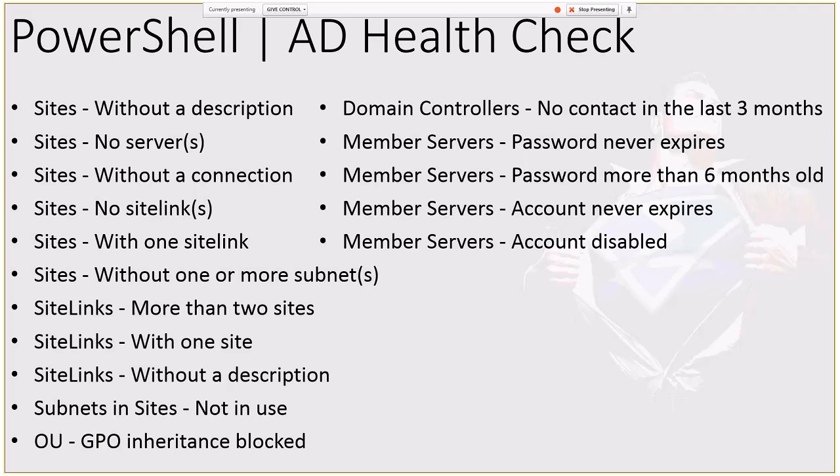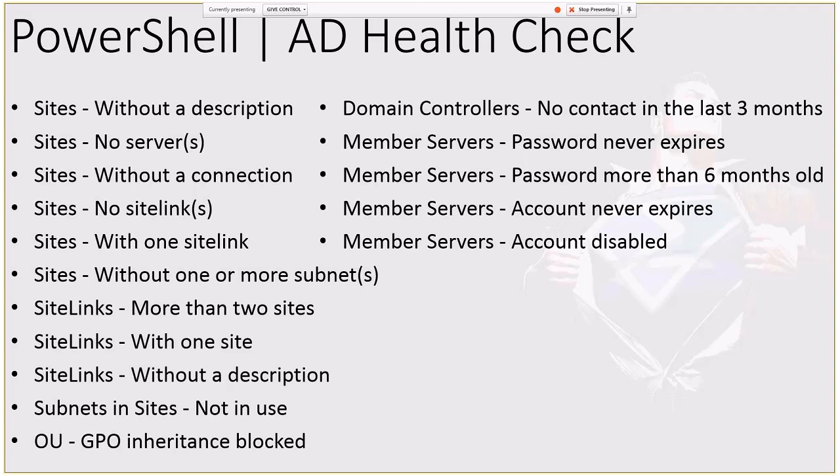This is the next portion of the list, and these checks are all the checks I'm currently doing. I used to have more, but as I showed you before, one of the rules was the checks have to perform for all the domains in the forest.